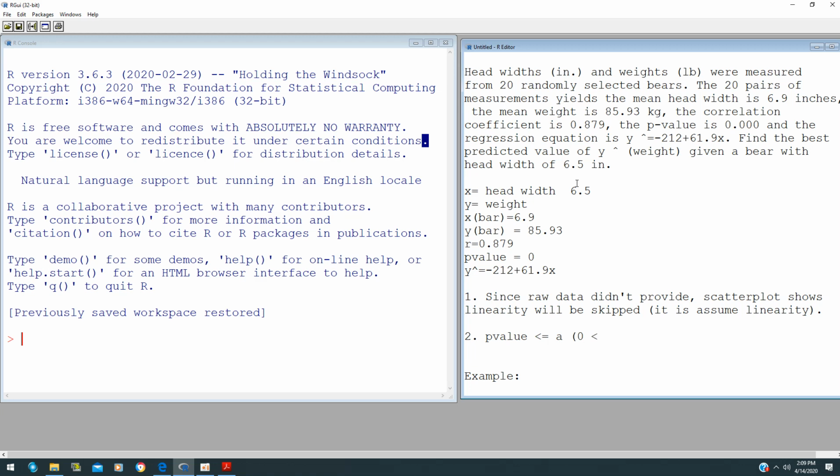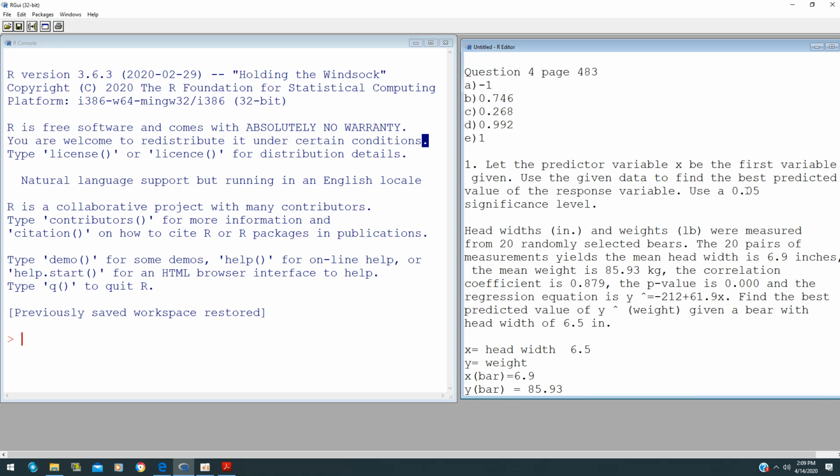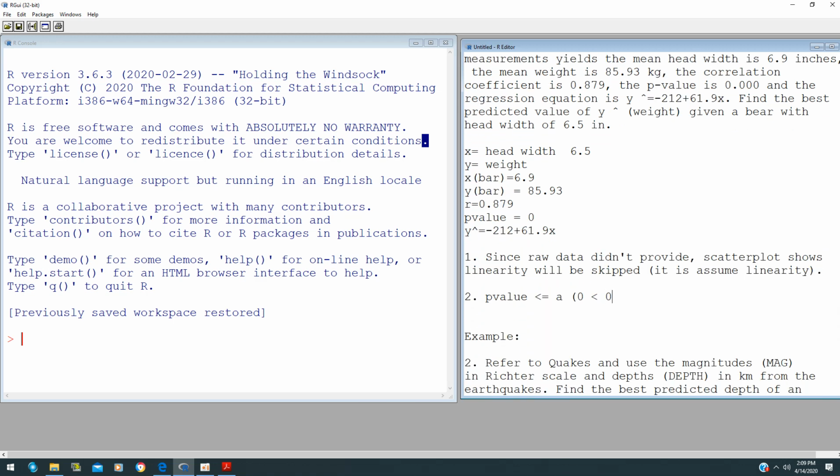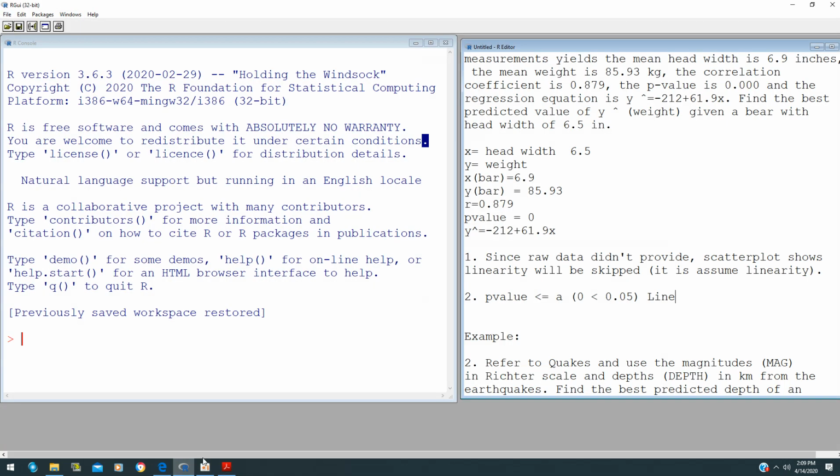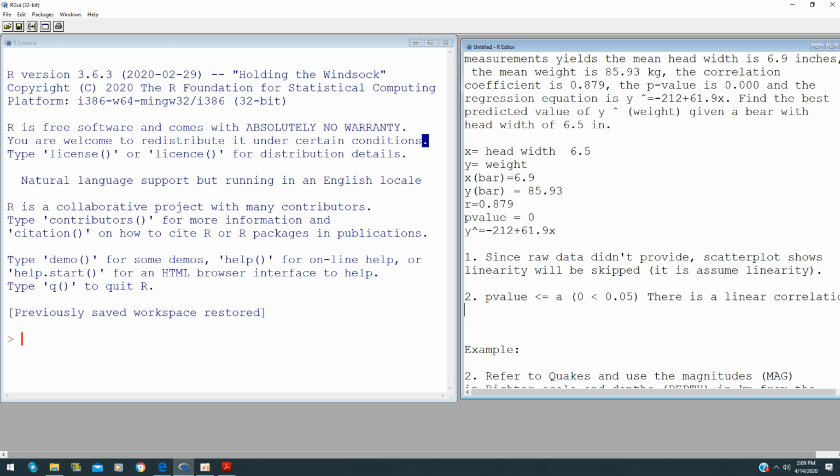And your alpha, if you read the question, is 0.05. Since the p-value is less than 0.05, you fulfill the second step, which says that there is a linear correlation here. If the question does not provide alpha or the significance value, we always use 5%.